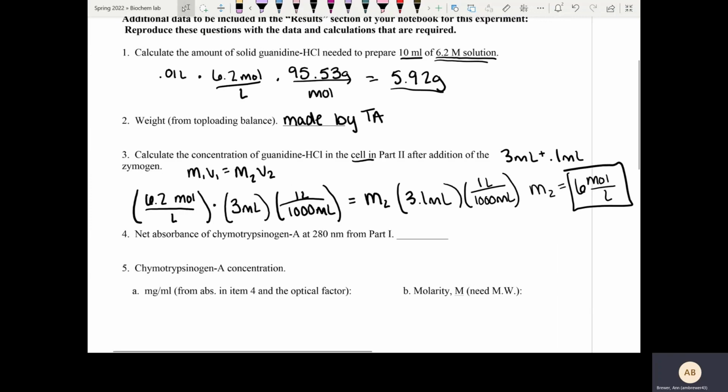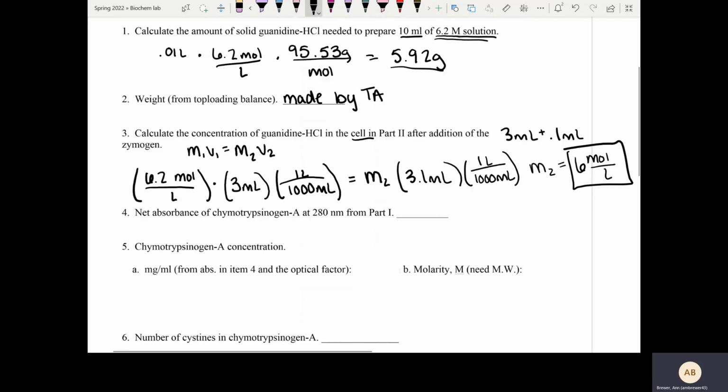So 6 moles per liter will be the concentration of guanidine HCl in the cell in part 2 after the addition of the zymogen. So for question 4, it says net absorbance of chymotrypsinogen A at 280 nanometers from part 1. And so from our experiment, this was equal to 0.801.